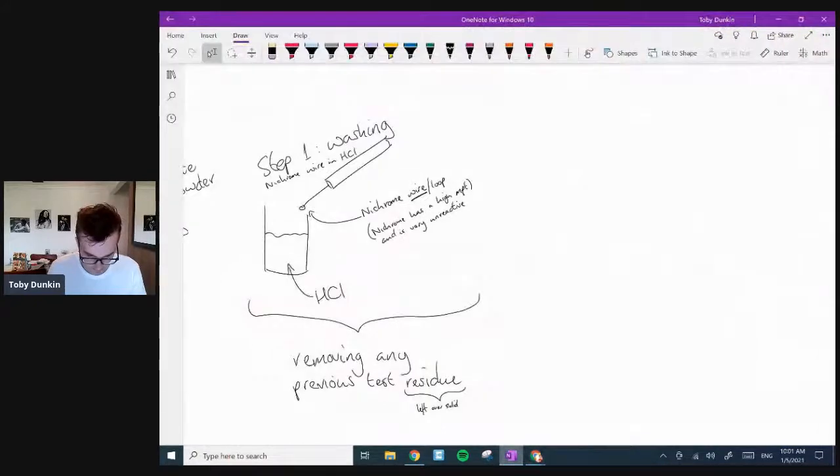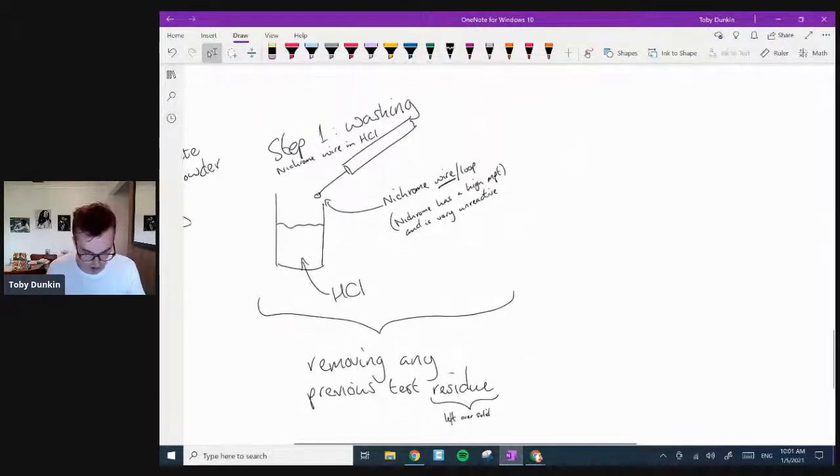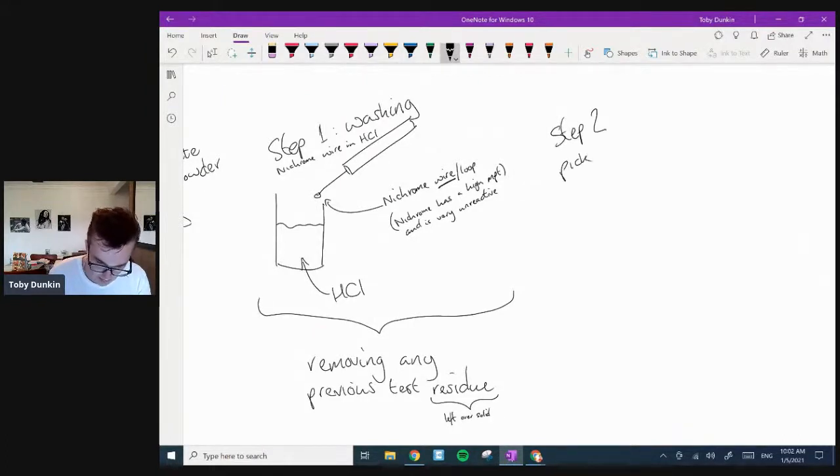So now that we've washed it in HCl, step two is pick up solid to test.